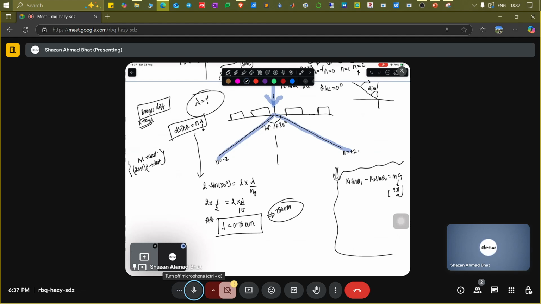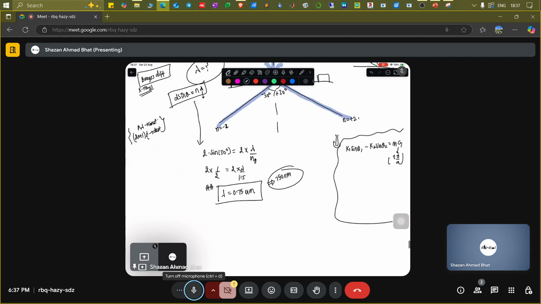Let me see whether we can do it like this. If we have to write the momentum, then we can write h bar k1 as the momentum p1 sine theta. Yeah, then we can resolve it that way also. But this is going to give us the exact answer. Let's forget about this right now.